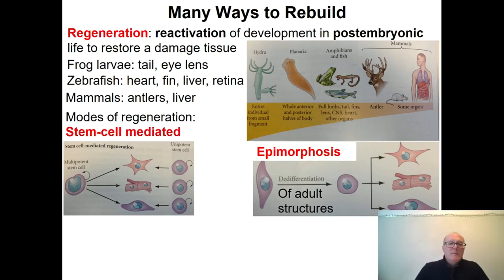A second mode of regeneration is called epimorphosis. In epimorphosis, the adult cells dedifferentiate after damage. So what does it mean? It means that instead of being differentiated in an adult cell type, they become almost similar to stem cells.